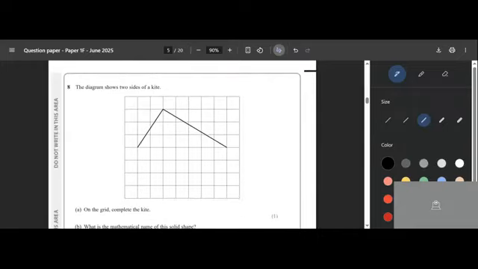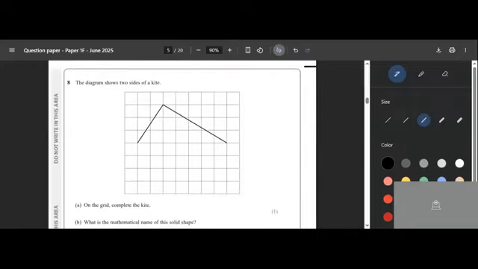Let's go to question 8. You're told the diagram shows 2 sides of a kite. On the grid, you're asked to complete the kite. Let us assume that this is our mirror. The sides have to be equal because a kite only has one line of symmetry.